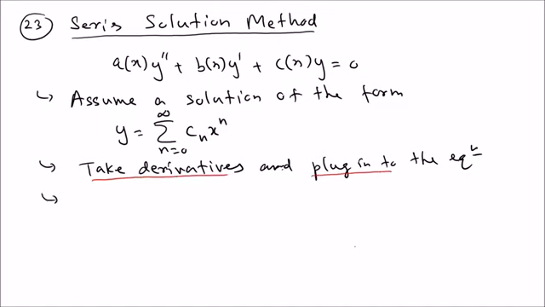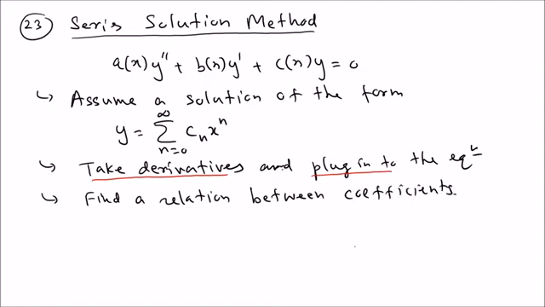Third, after you plug into the equation, we try to find a relation among the coefficients. It will be clear what we mean by that, because what we try to do is find a solution for Cn plus 1 or Cn in terms of other coefficients.